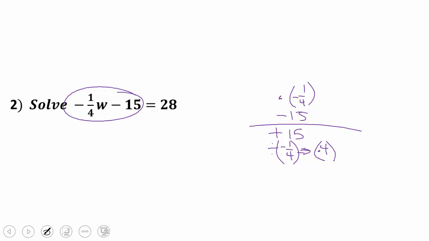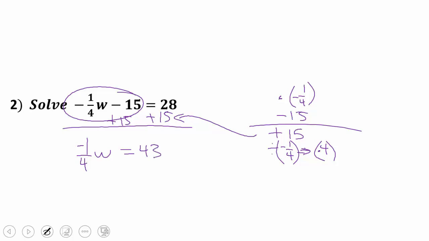All right? So now let's do that. We're going to add 15 first because that's what we said we were going to do. We're going to add it to both sides to isolate and keep balanced. So negative 1/4 w is now equal to 43. And then we are going to multiply by 4. A negative 4, my bad. We're going to multiply by a negative 4.